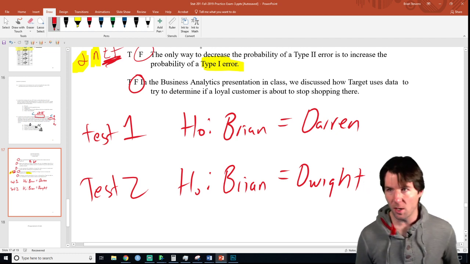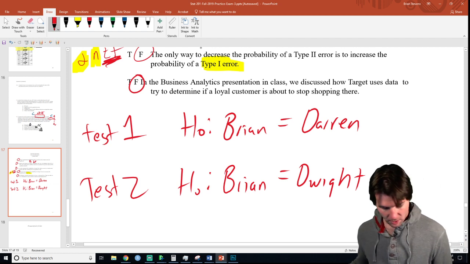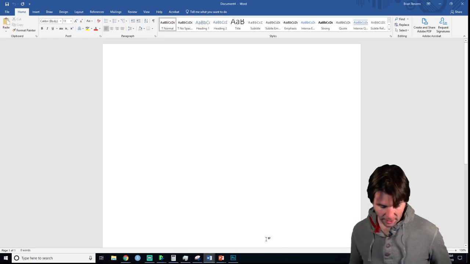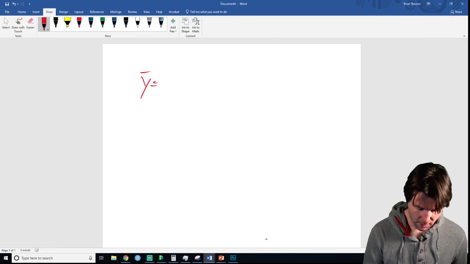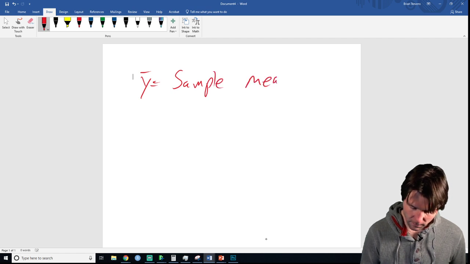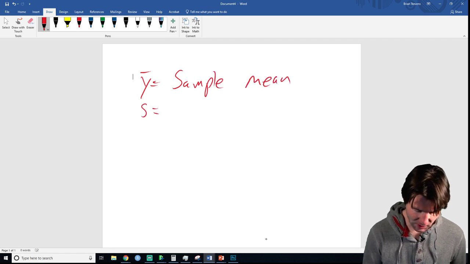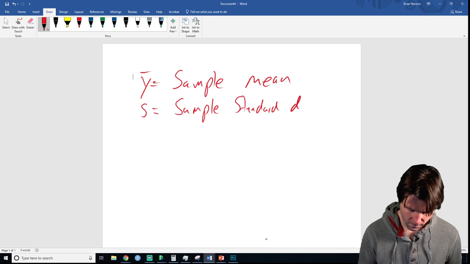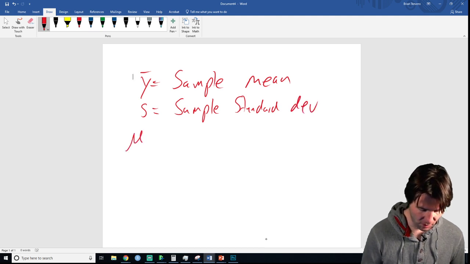I think there was a lot of notation questions. What do y bar, p hat, and mu represent? So let's do those right here. We have here y bar. That is the sample mean. We have here S. S is sample standard deviation. We have here mu.